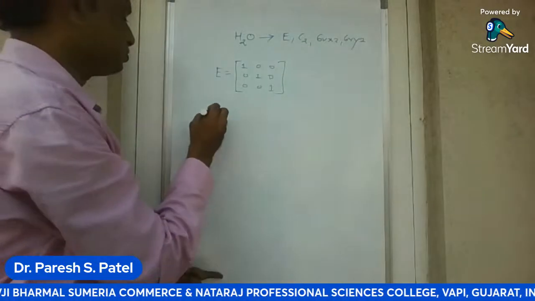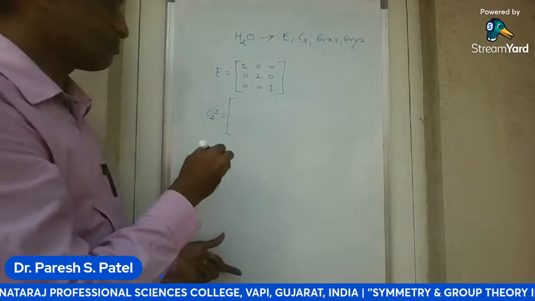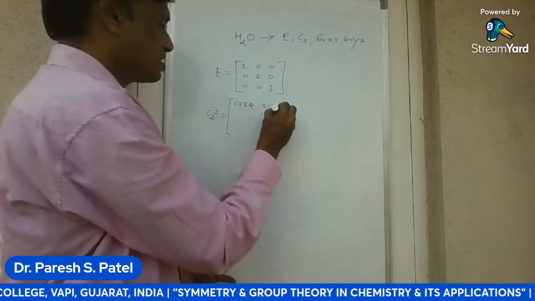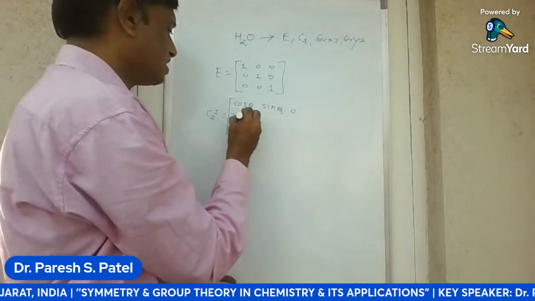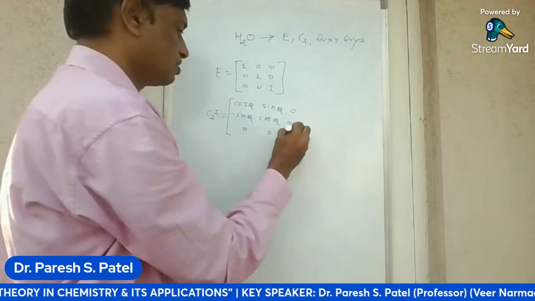If we operate C2, then we have to put the value as a proper rotation: cos theta, sin theta, 0, minus sin theta, cos theta, 0, 0, 0, 1.